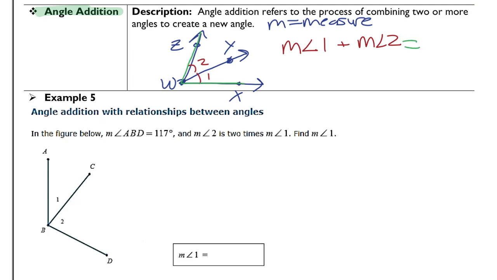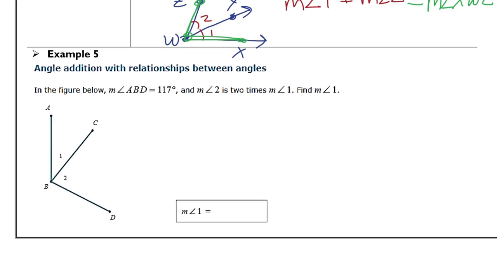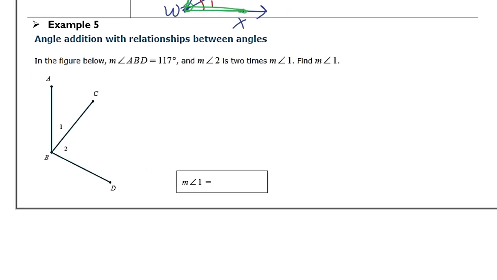That is angle addition. So this is the measure of angle XWZ. Again, go from X to W to Z. That is what angle addition is, and it's very similar to segment addition in the fact that you're taking two angles and making one bigger angle. Segment addition is two segments that make one bigger segment.